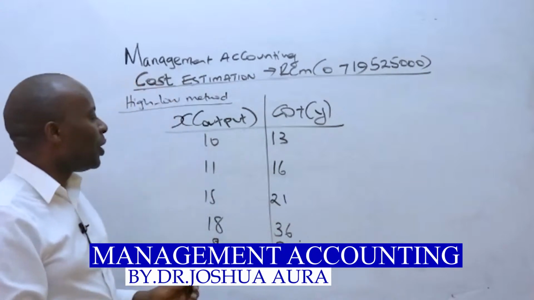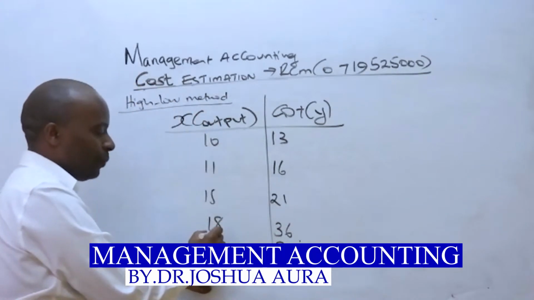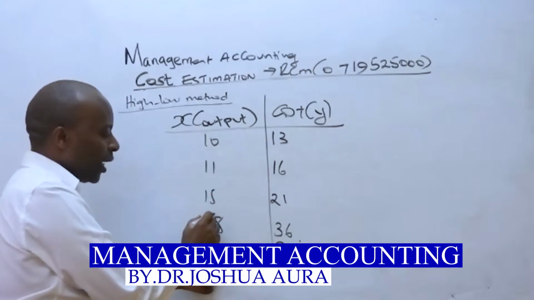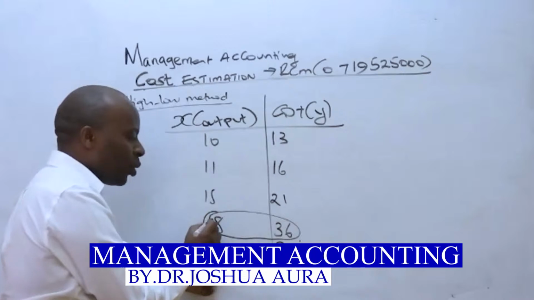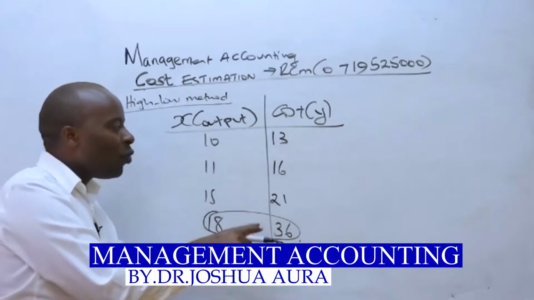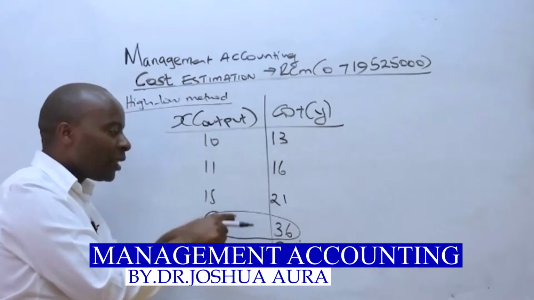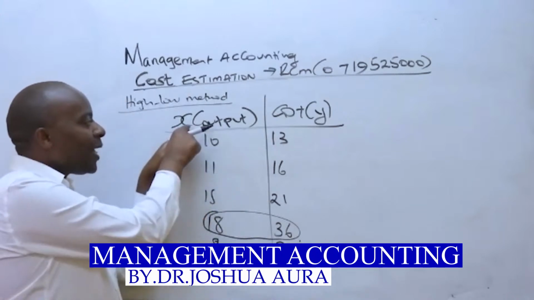Which ones are these? We have the highest X value. The highest X value here is 18. So this 18, of course, you take as a point with respect to Y. Even if the Y figure is not the highest, the most important thing is to recognize that we are working with the highest X value.